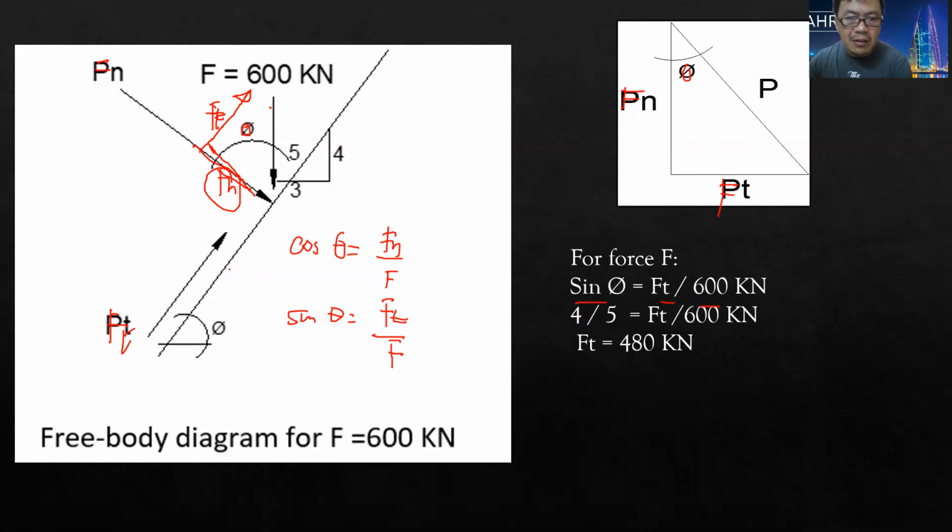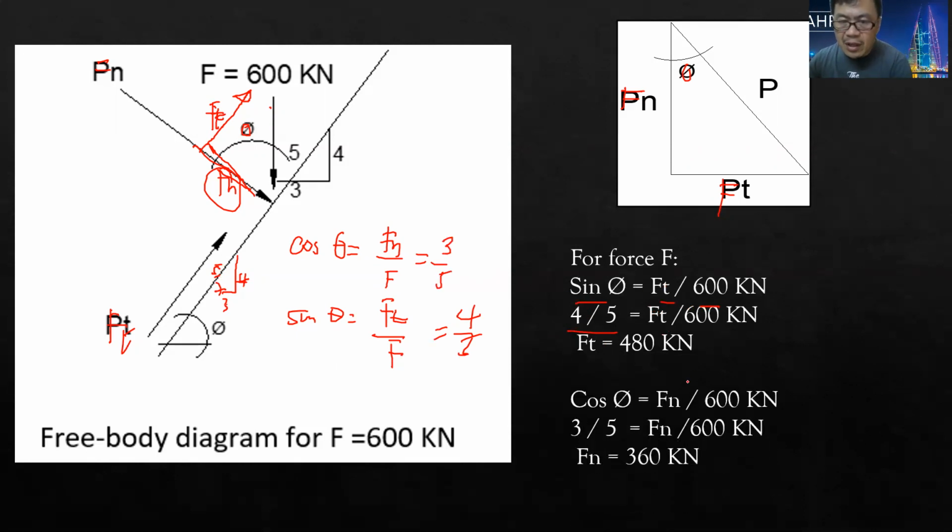What is the sine theta? This is 3, 4, and 5. Opposite over hypotenuse, 4 over 5. Cosine theta is adjacent over hypotenuse, 3 over 5. So thus, we have Fn equal to 360, and Ft equal to 480.